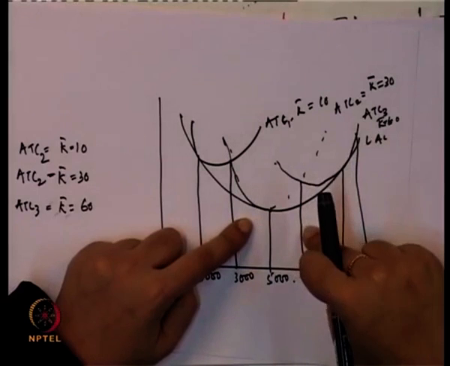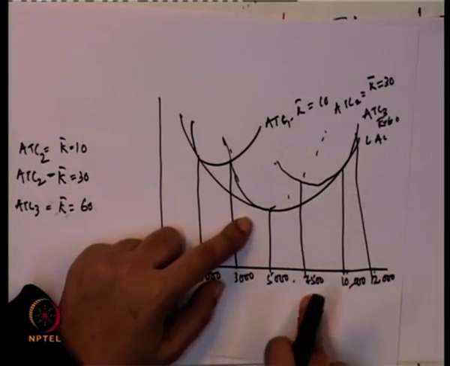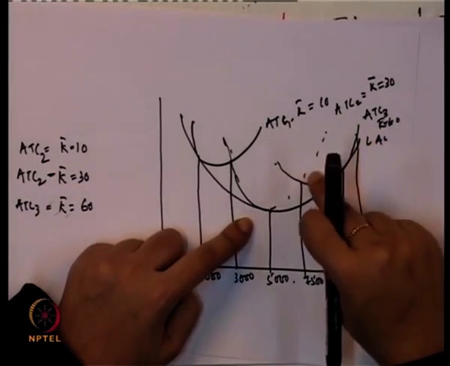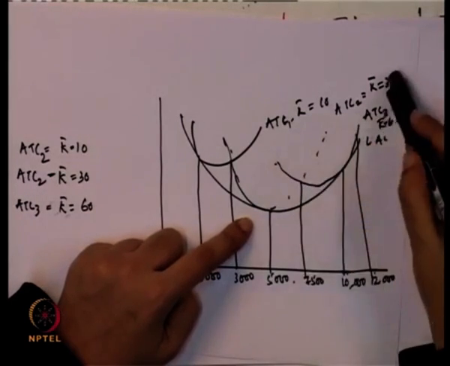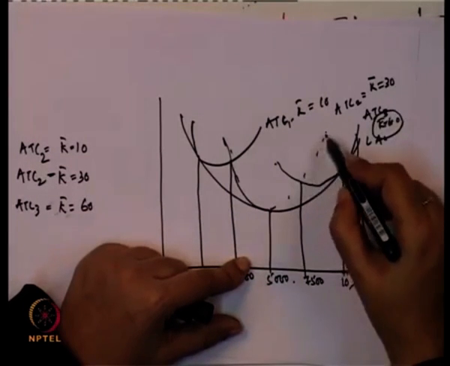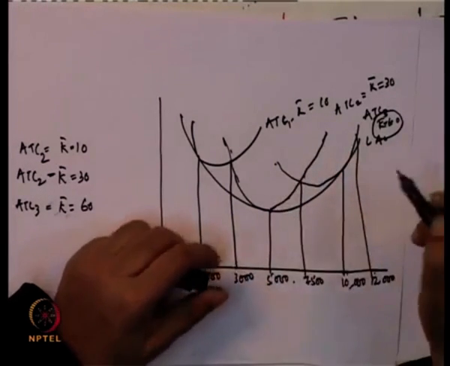So, if the firm is still interested to expand, they can always pick up the short run cost curve 3, but if they want to just stop here, they are no more interested to invest more in capital, and they will choose average total cost curve 2.